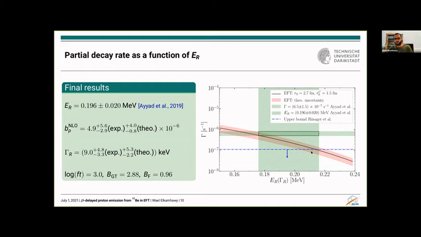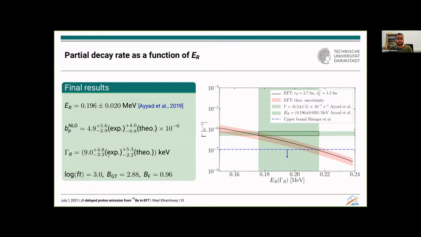And if we compare our study to the experiment by Riesager, we can see that only resonance energies here greater than 214 keV would respect this upper bound. And comparing our results to the experiment by Ayat and company, we see that, so at 196 keV, we are here with our prediction, and now moving along this line, meaning varying the resonance energy in the uncertainty band of the experiment, we assign the experimental uncertainty.